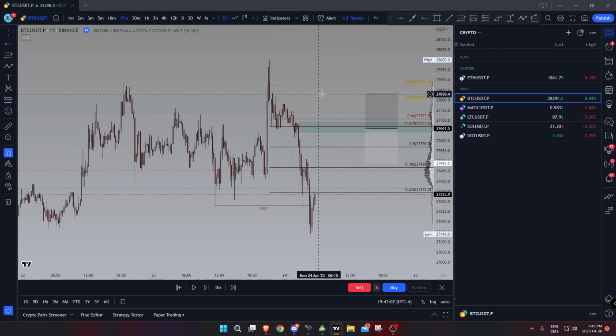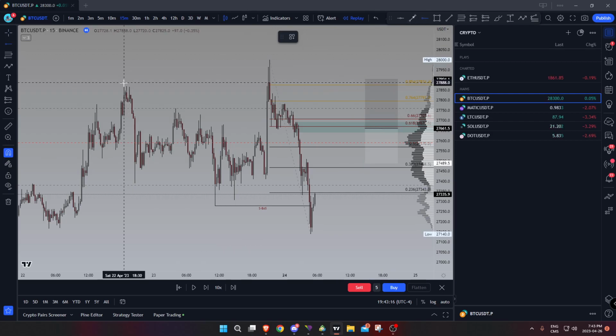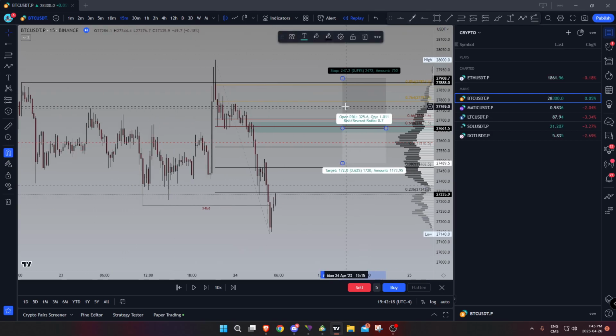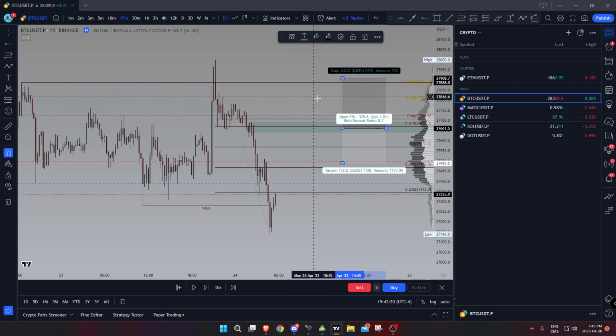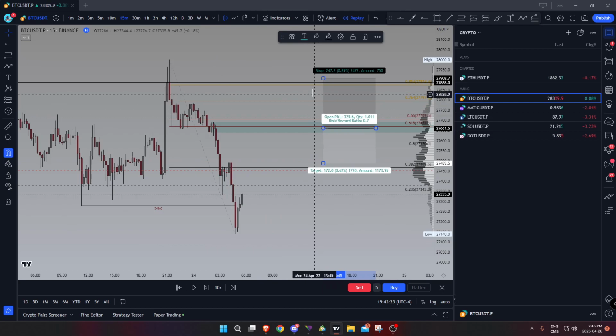And I will probably have my stop loss not above these wicks, because they're pretty much a liquidity grab, but above this resistance right there, which is also above this retracement area that we could see the price come to.